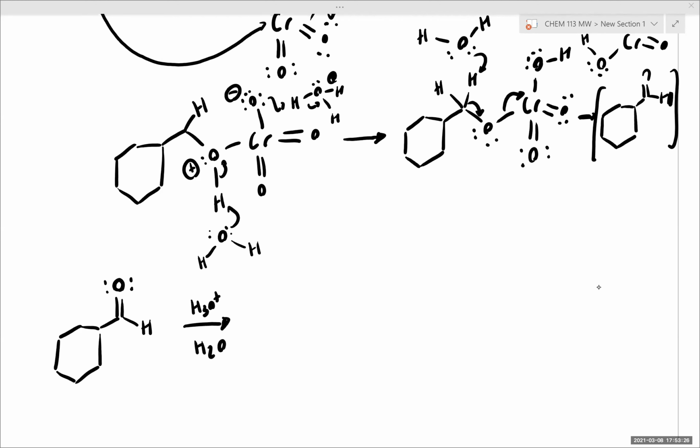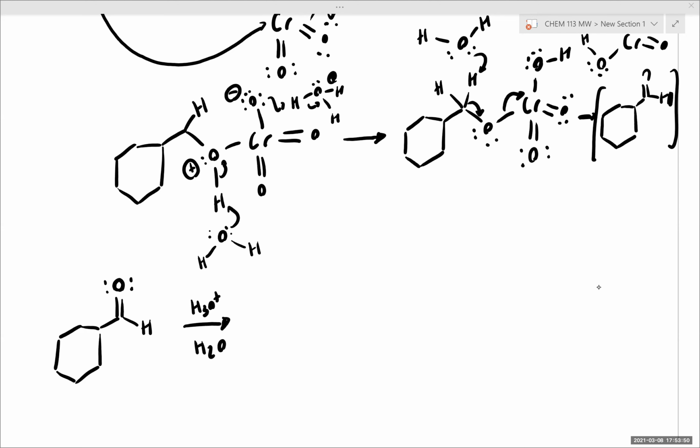Under these acidic conditions, in the presence of chromium trioxide, we're going to see further oxidation of our aldehyde. So what's the first step to generate a more reactive functional group handle? What's the first step for this subsequent exhaustive oxidation?